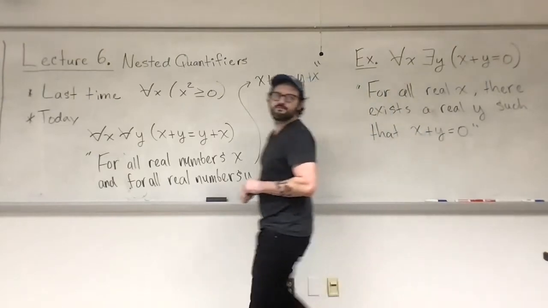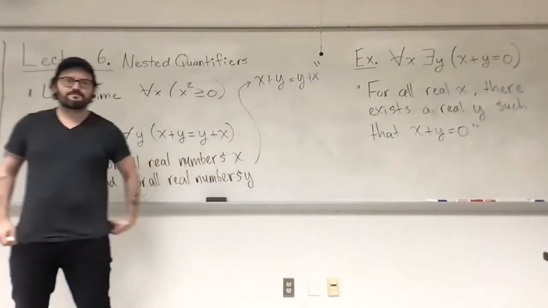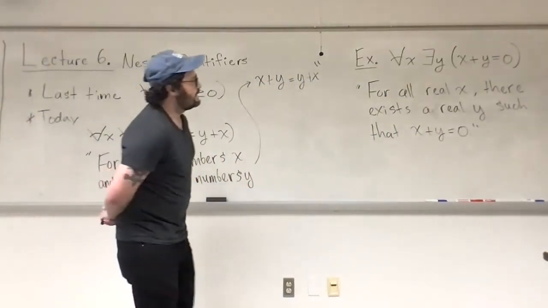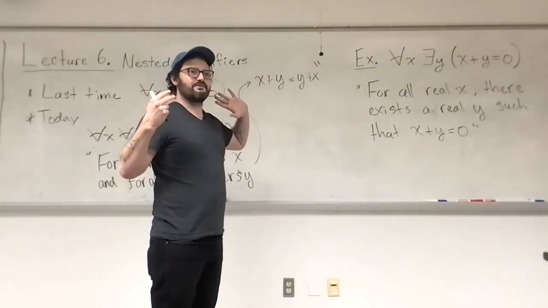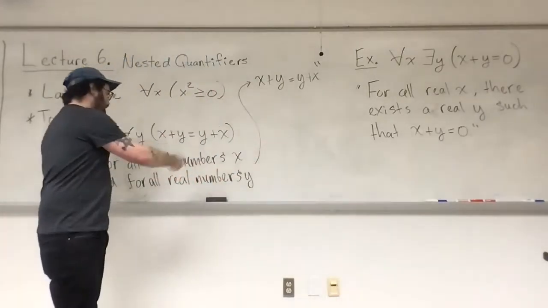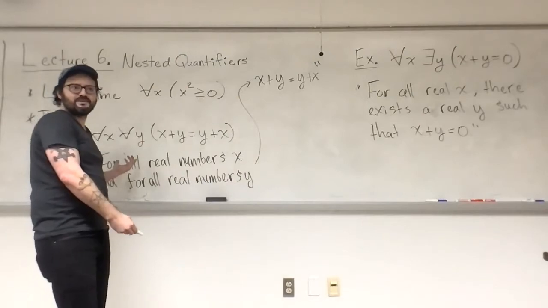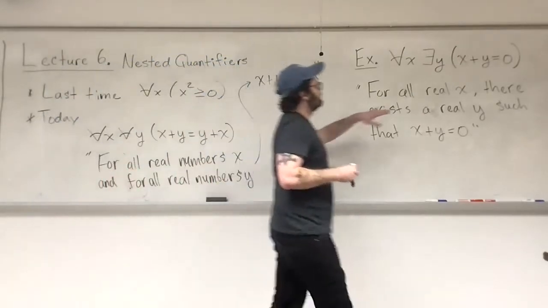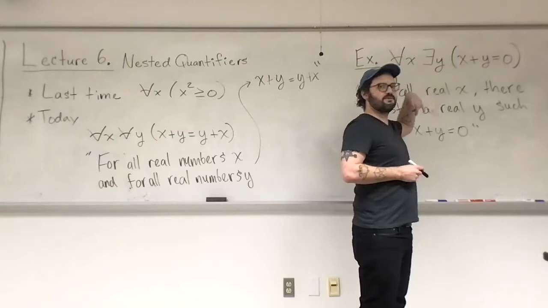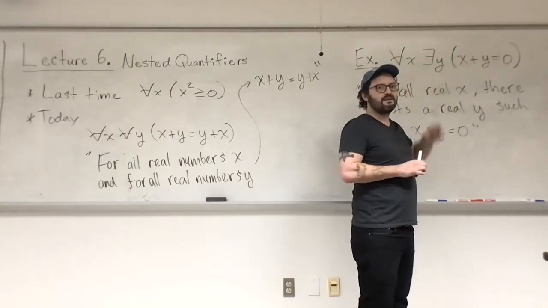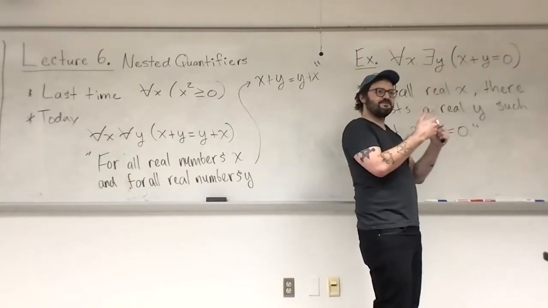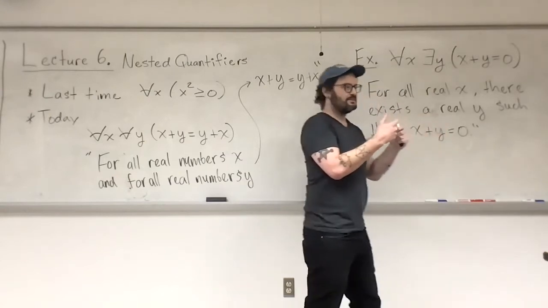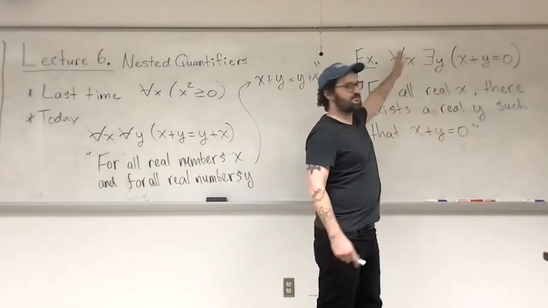So is this true for real numbers? How would we even determine the truth value of it though, right? This one was kind of easy to think about, right? But now this one, whenever they switch up or whenever the existential quantifier pops up, it's almost like you have to pause, right? When you're saying it out loud. So for all x, fine.